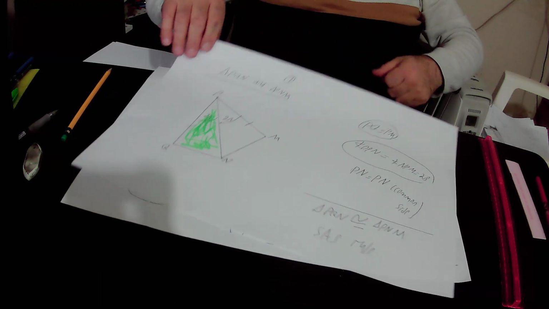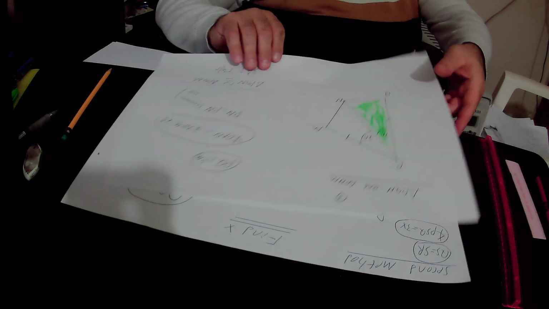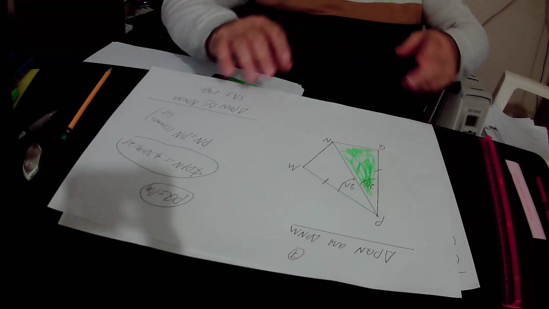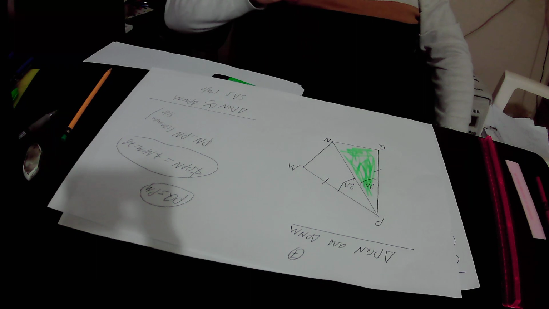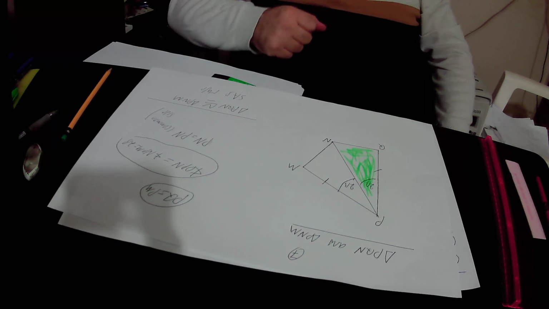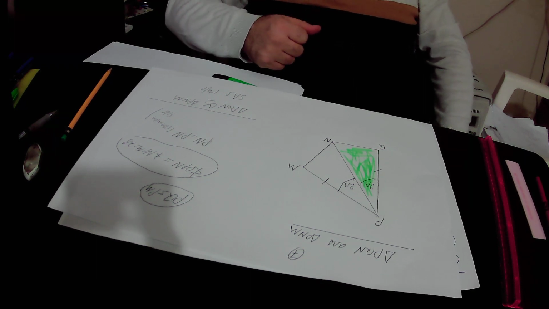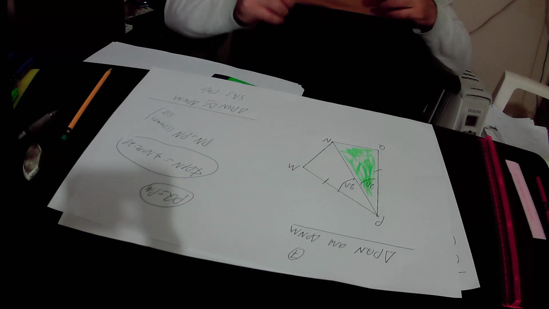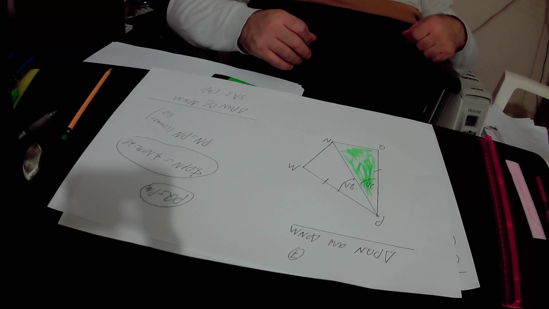So what is the side angle side rule? It says that if you prove that two sides and the angle between them in one triangle are congruent to two sides and the angle between them in another triangle, then those two triangles are congruent to each other.